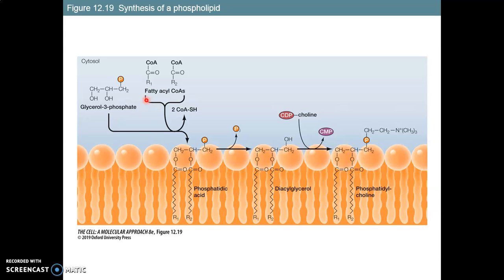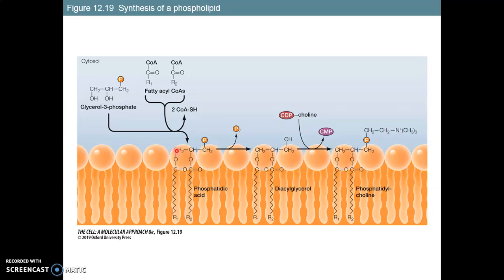We also have these fatty acid chains, which are linked onto coenzyme A. This is the same coenzyme A that we see used in the TCA cycle. So we have two fatty acid chains on these carrier molecules, and we have glycerol 3-phosphate.